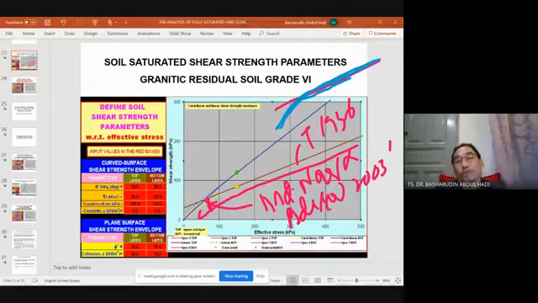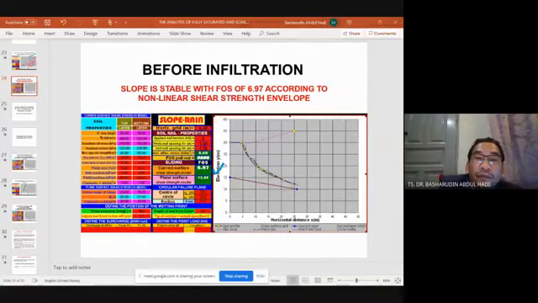So these two formulations, these theories, we apply and see what happens to our slope failure. Okay, so is the analysis right or wrong? When you see this one, you can see that the curved formula 2003 gives you a factor of safety of 6.97.